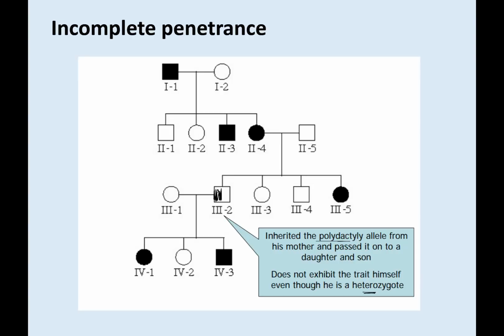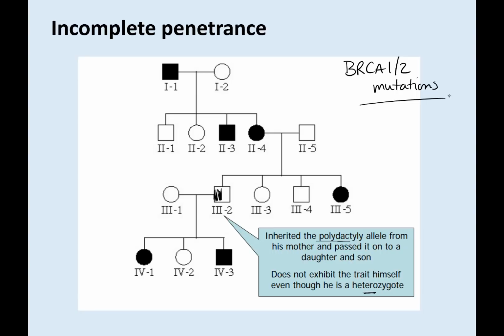Another example you may be more familiar with is like the BRCA1 and 2 mutations. So there is an increased risk with BRCA1, BRCA2 specific mutations to having breast and ovarian cancer. But it doesn't mean that everybody that has these mutations will get breast and ovarian cancer.